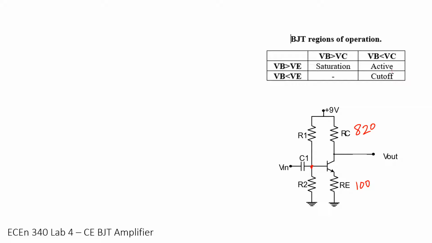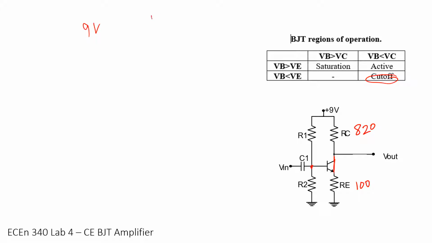So we already said that if we're in cutoff, then no current will flow. If no current is flowing, then we will be at 9 volts. So our upper rail, 9 volts. Our lower rail would be when we're in deep saturation or heavy saturation, and this is functioning as a short. And in that case, we would have a voltage divider.